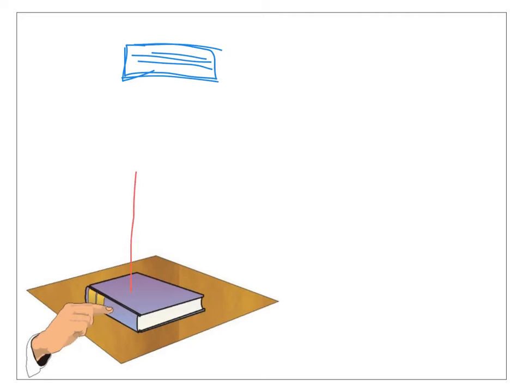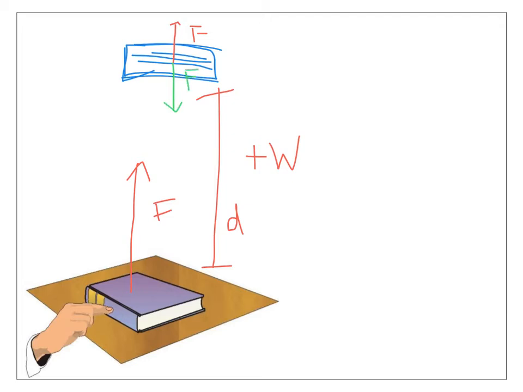So if I apply a force in this direction over this distance, I'm changing the energy of that. That is positive work. Now, if I'm moving at a constant velocity, so we think about this book moving at a constant velocity, there's the force I'm applying up. So I'm doing positive work. But there's also an equal opposite force down. That's the force of gravity.